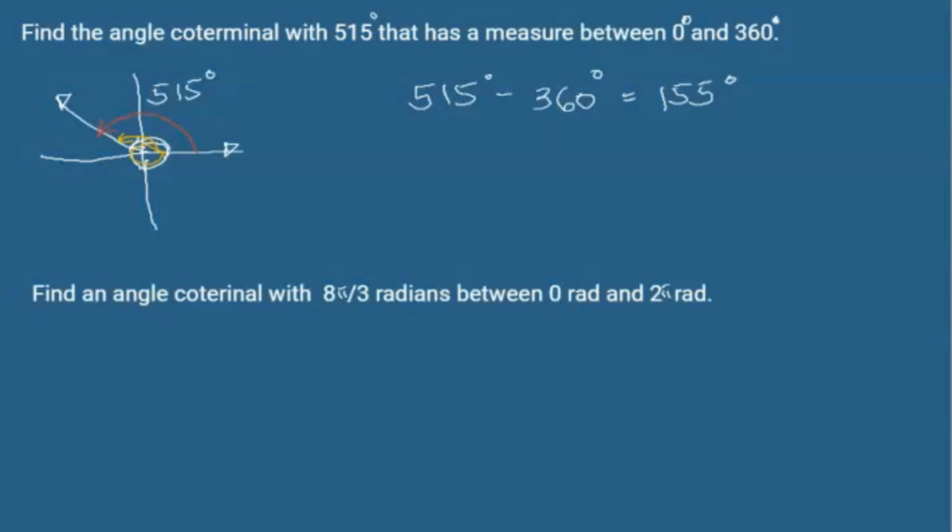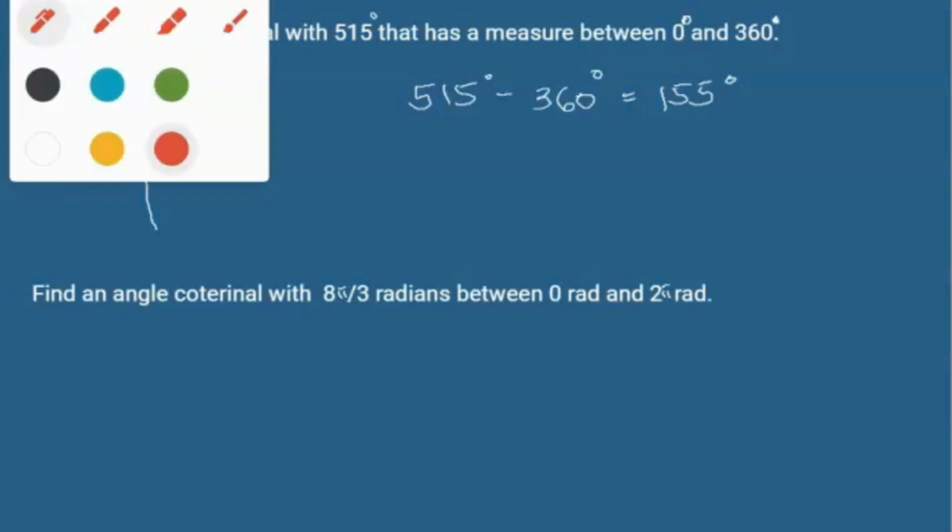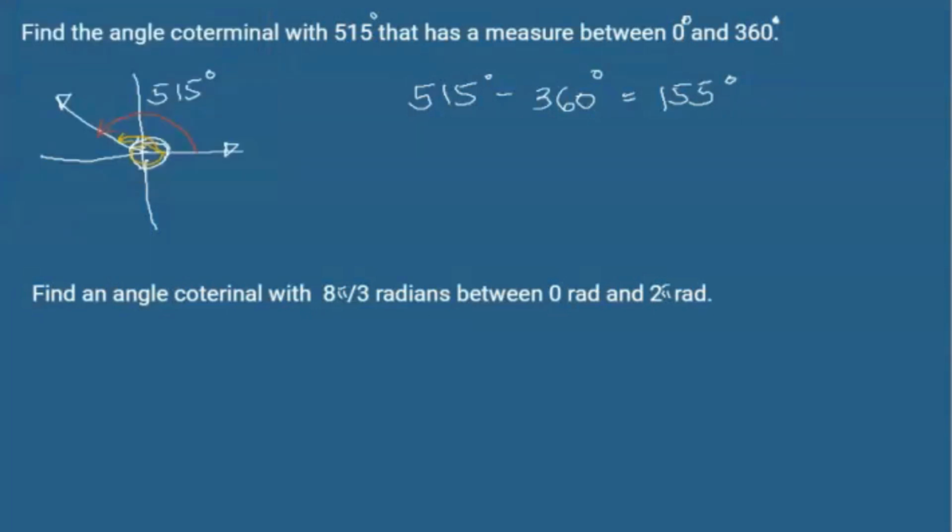So that's one angle. Next, we have find an angle coterminal with 8 pi over 3 radians between 0 radian and 2 pi radian. So if it's in radian, all we need to use is 2 pi.